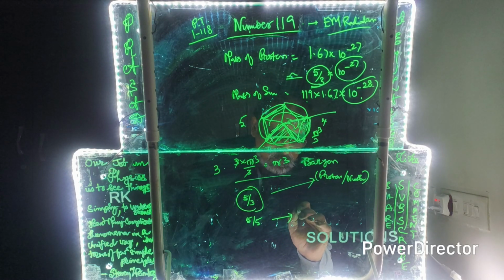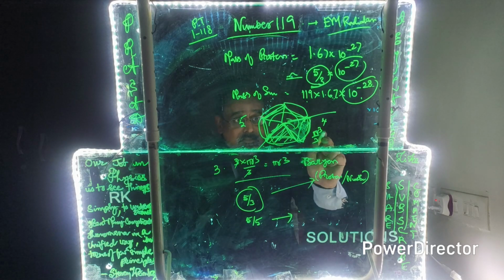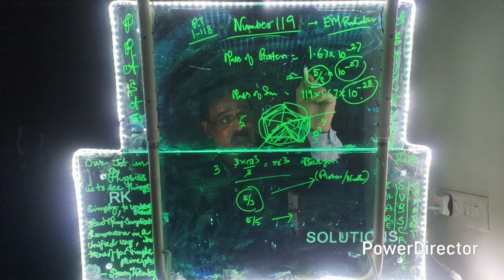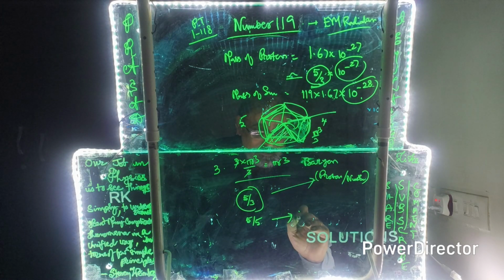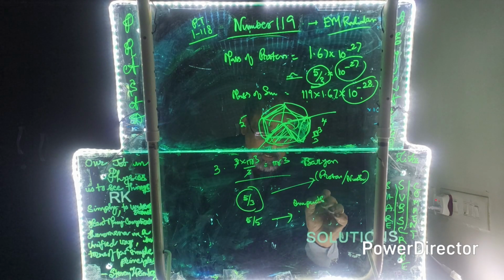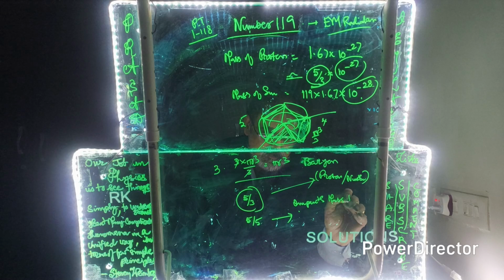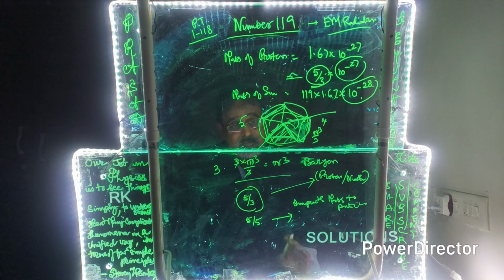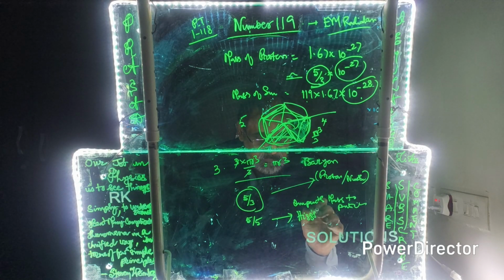In my opinion, because this is mass of proton, and what imparts mass to particles? What imparts mass to particles is the Higgs boson. So this is the Higgs field.